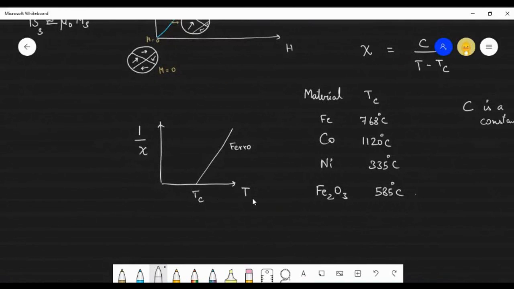The 1 by susceptibility versus absolute temperature curve shows that susceptibility becomes zero at the Curie temperature. Curie temperatures for a few materials are listed here. The formation of domains is such that the energies associated with the domains are the least.